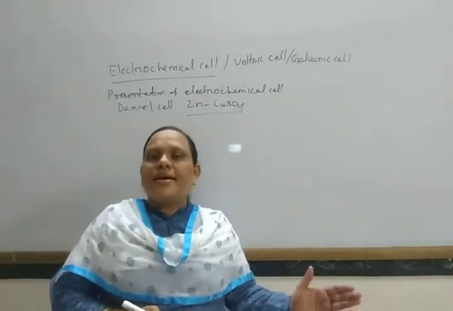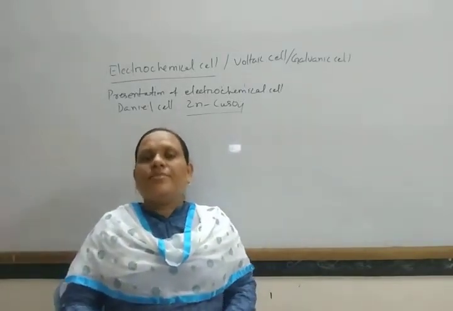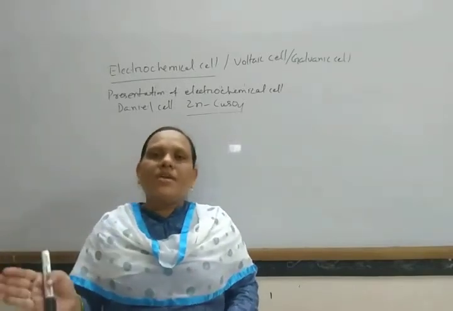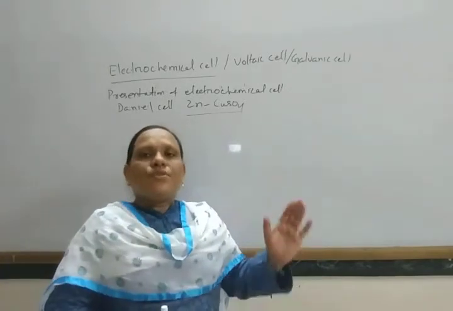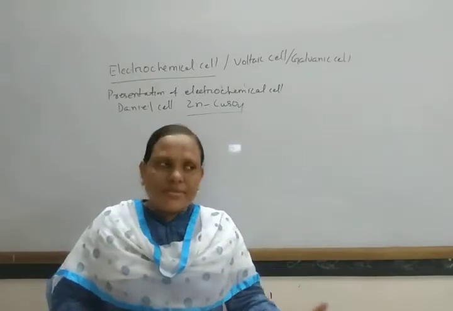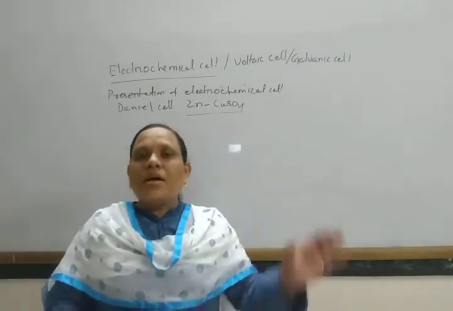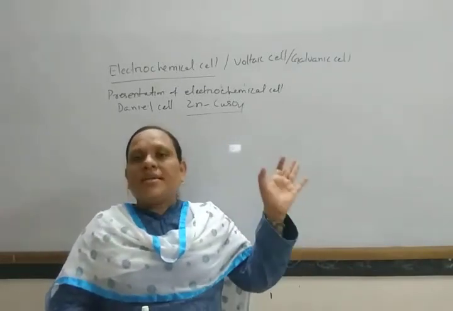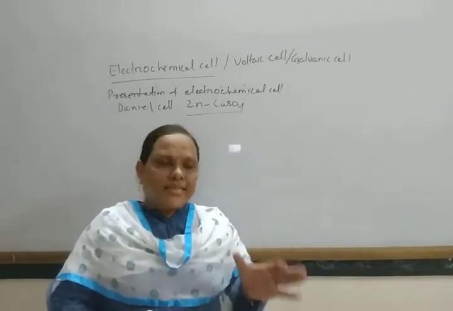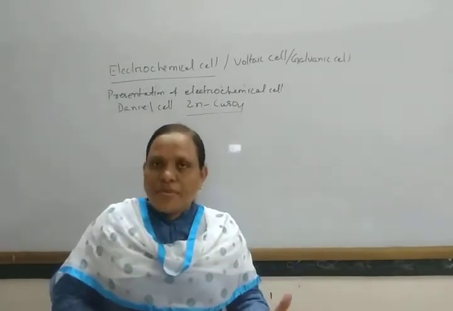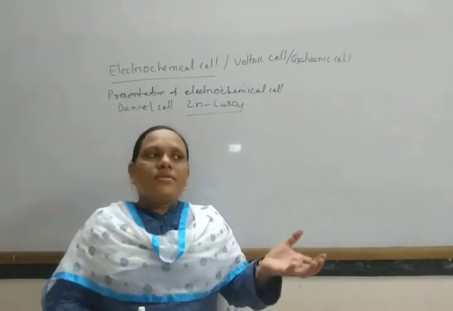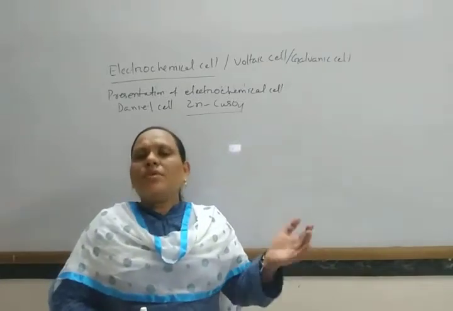On the left hand side, the oxidation half cell is written, and on the right hand side, the reduction half cell. While representing the oxidation half cell, first you write the electrode name, followed by its ions in the aqueous solution, or the concentration.